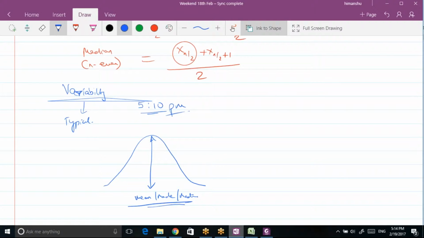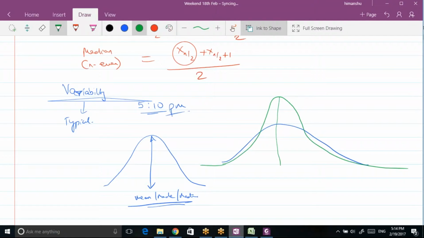Say for example, if I take two distributions, one being like this, another one like this. Both have similar mean, median and mode, right?